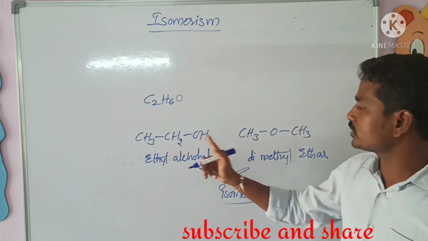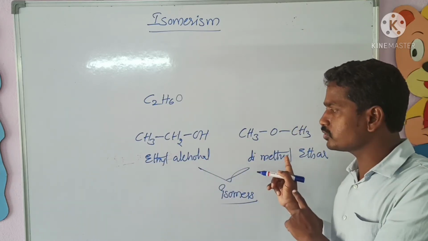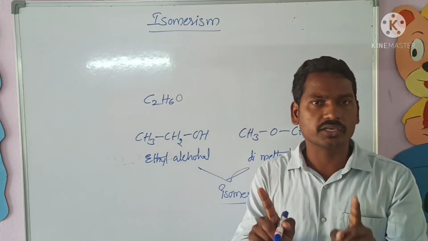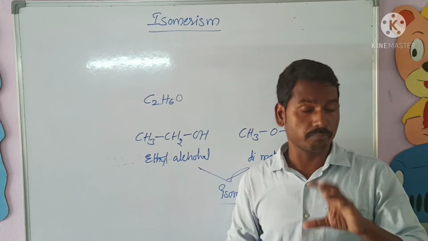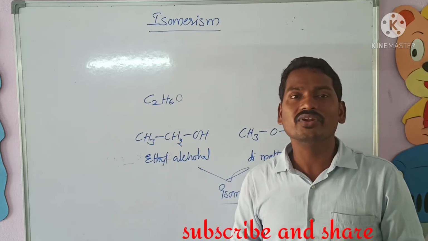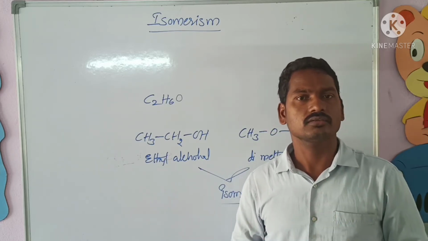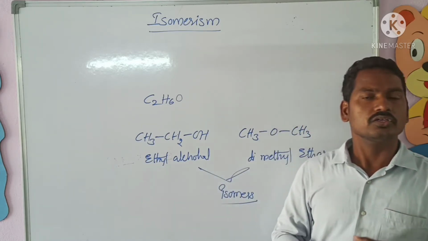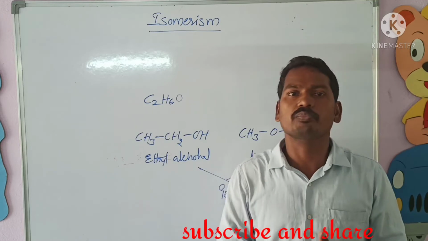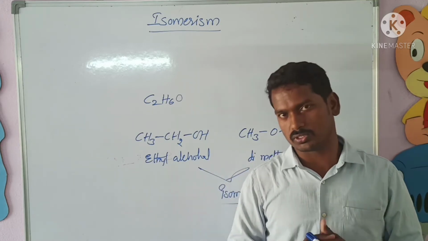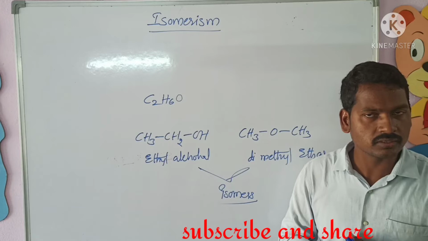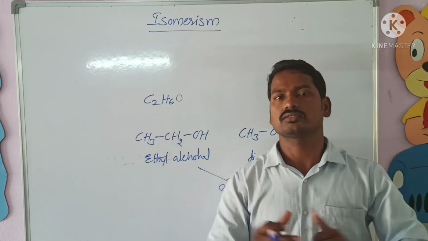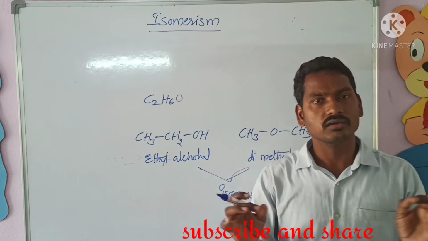The chemical compounds which have the same molecular formula but show a difference in their structure or spatial arrangement, or show a difference in their chemical properties or physical properties, are called isomers.